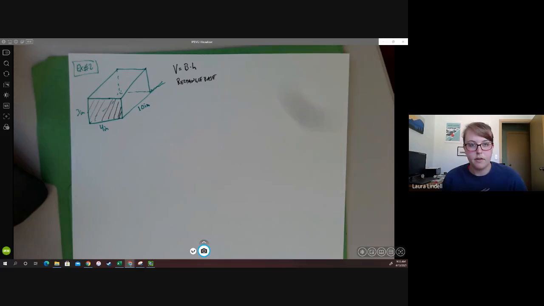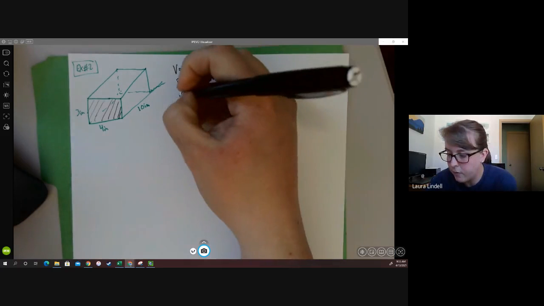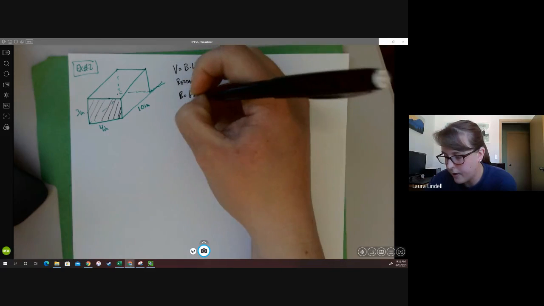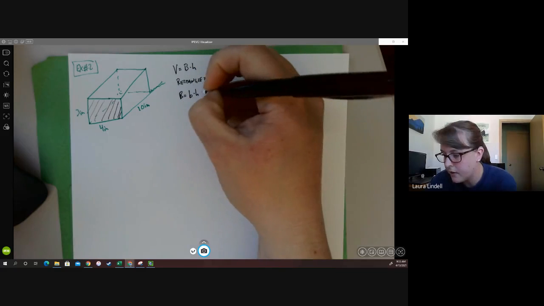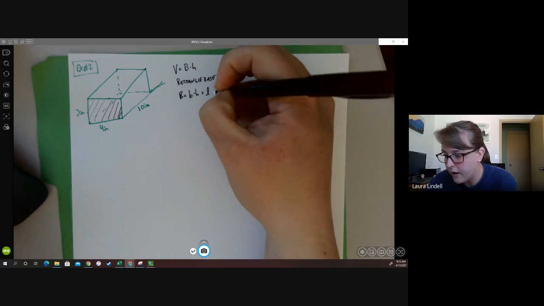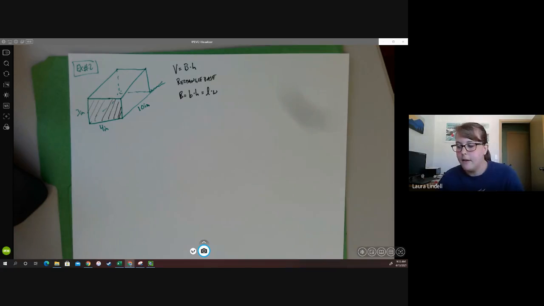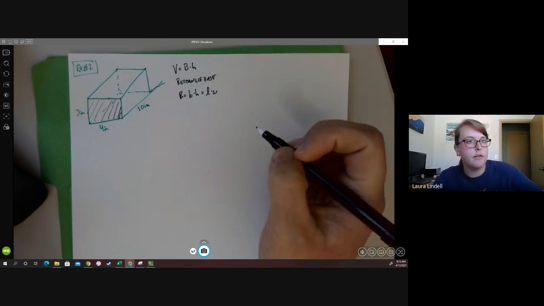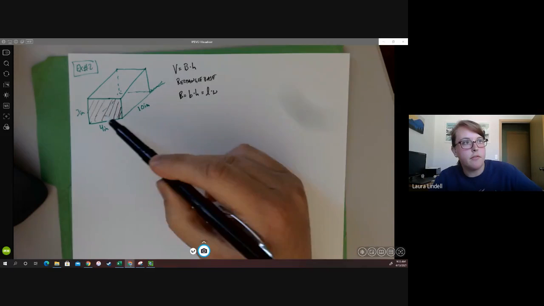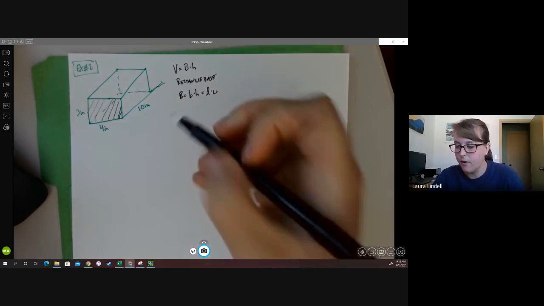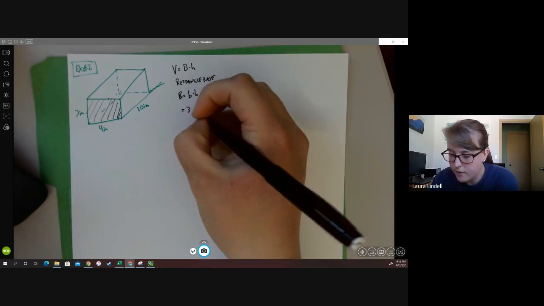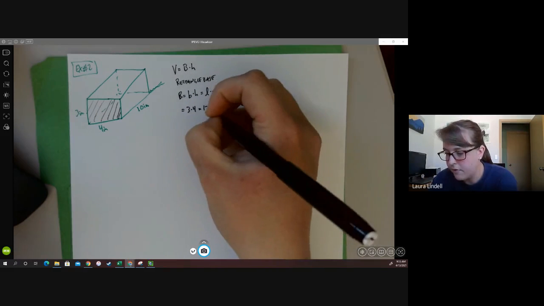But anyways, the area of the base for a rectangle is base times height, or you might have also seen it as length times width. Either way, we're just taking for this face right here 3 times 4, which is 12.